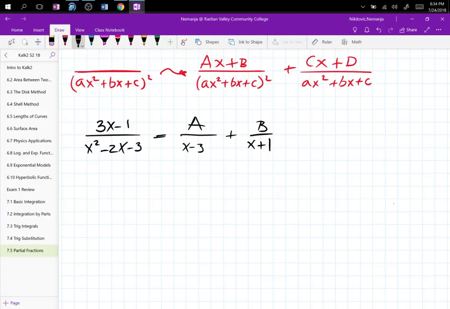So this is where we are right now. The only thing that I can do is add fractions on the right-hand side. The denominator will multiply obviously into x squared minus 2x minus 3. And the numerator becomes Ax plus A plus Bx minus 3B.